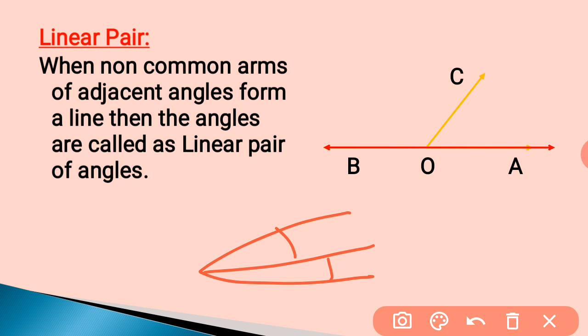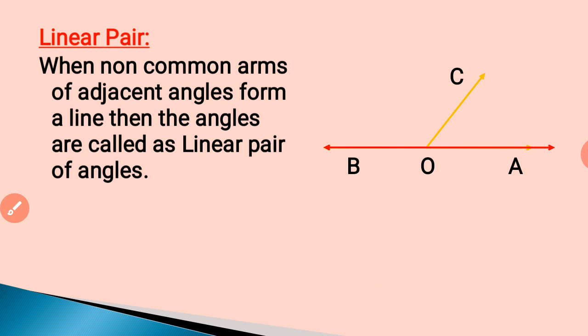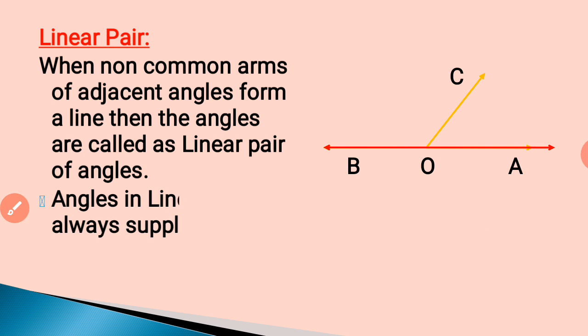When the non-common arms, that is this and this, are exactly on the opposite sides, then the adjacent angles become a linear pair of angles. Okay, with this we'll proceed.